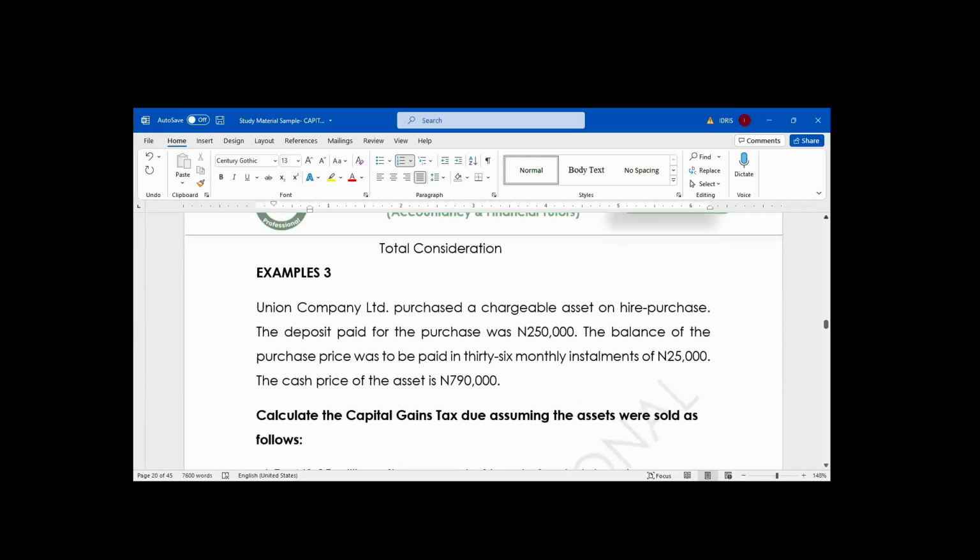Example 3. Somebody can help us read the example 3.